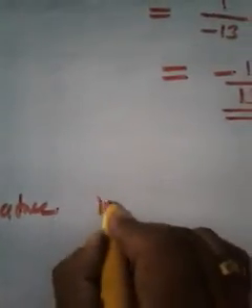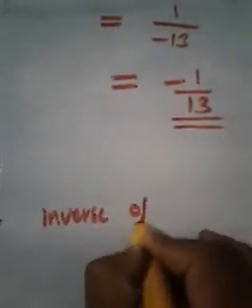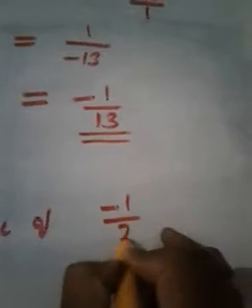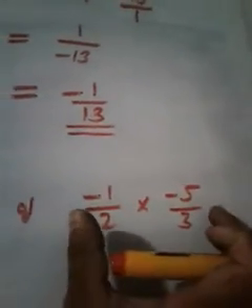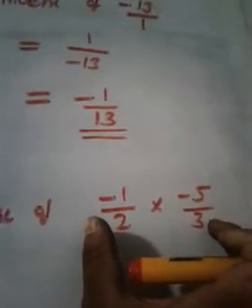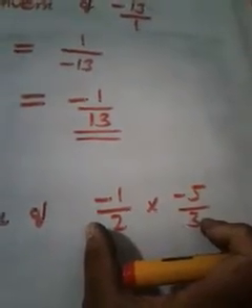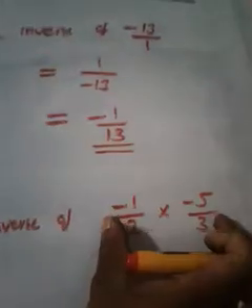Okay, what is the question? Which is the multiplicative inverse of minus 1 by 2 into minus 5 by 3? See, this question is not a simplified question like 1 by 2 or 2 by 3. So what I have to do is simplify it first.